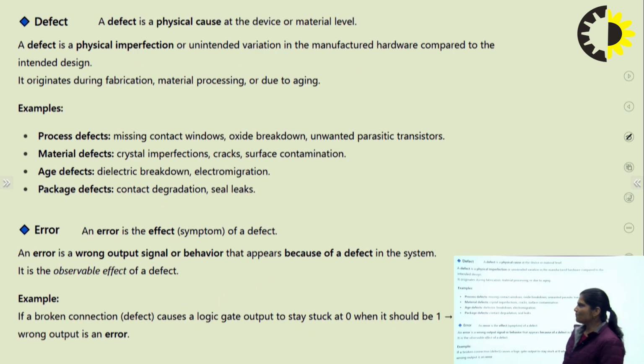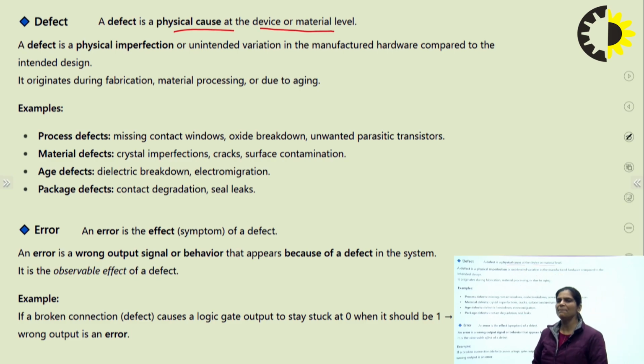Now the next topic is defects. When we are doing fabrication, there are many defects. First we have to understand what a defect means. A defect is a physical cause at the device level, or you can say at the material level.